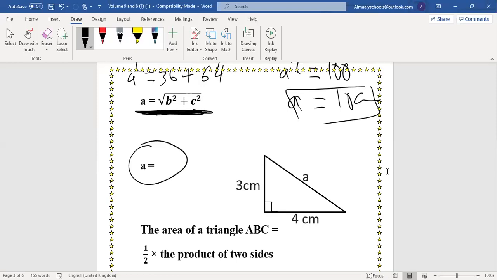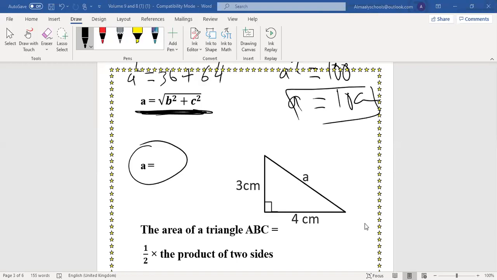Ahmed Adil: A equals the square root of 4 power 2 plus 3 power 2. Yes, excellent.